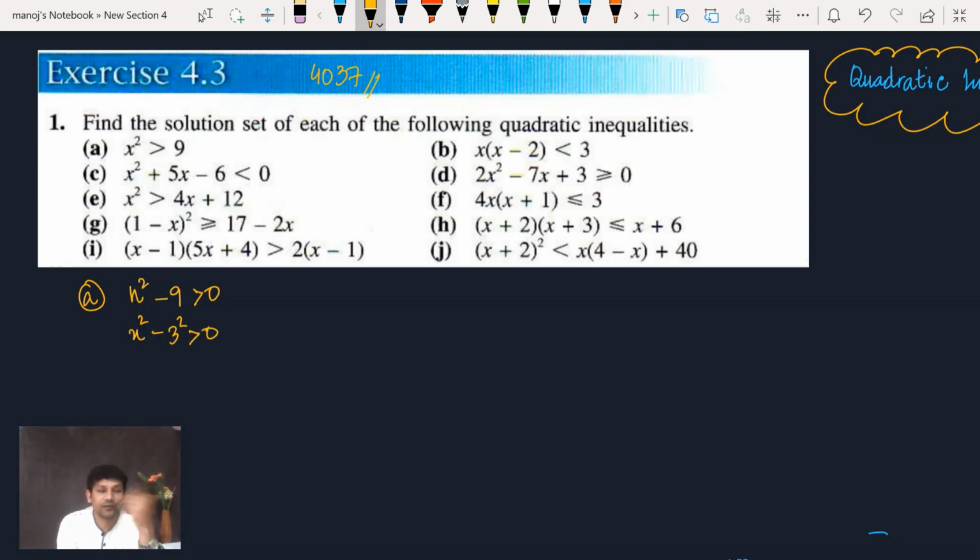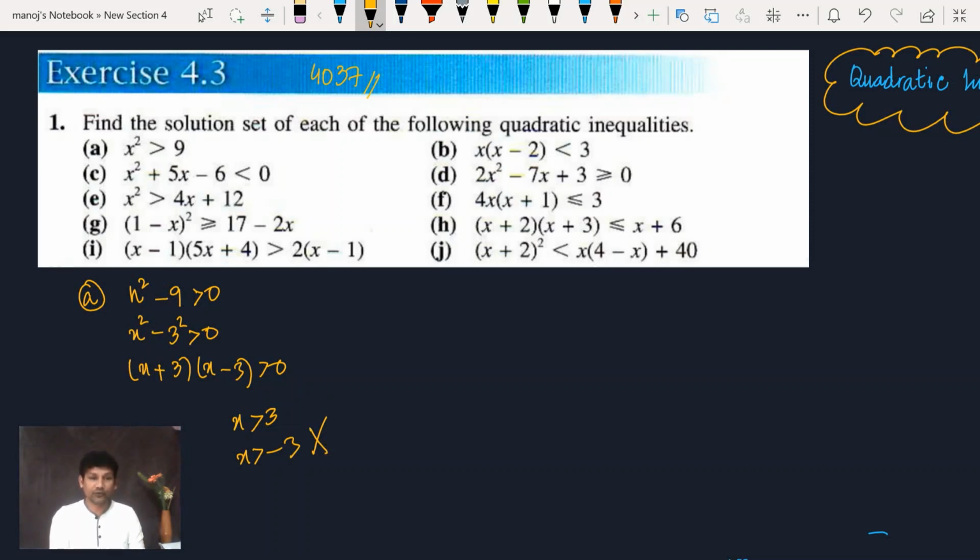The easiest way: x plus 3 and x minus 3, greater than 0. But for the solution, we cannot write that x is greater than 3 and x is greater than minus 3. This is wrong. This is not the right solution of the quadratic inequality.